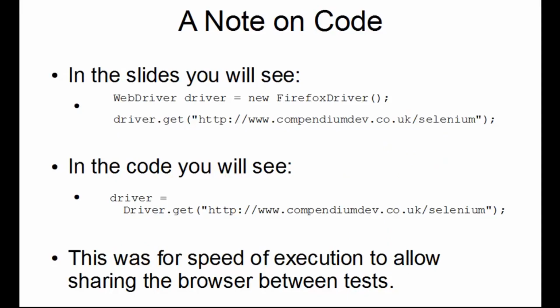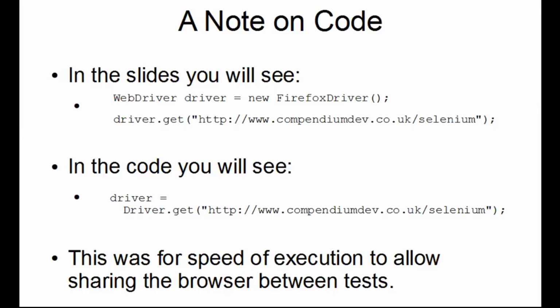You may see something slightly different between the slides and the actual code. So in the slides, you'll see me instantiate a Firefox driver as a web driver. You'll see me get using that particular driver variable. When you see the actual code, you may see me using a class method called get, which is static on a factory class that I've created. Now that's because on my particular machine, Firefox takes about 10 seconds to start.